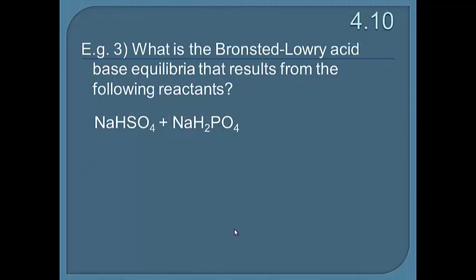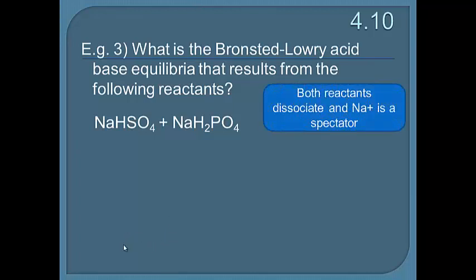The last question we have is, what is the Bronsted-Lowry acid-base equilibria that results from the following reactants? In this situation, we begin with two salts, NaHSO4 and NaH2PO4. Both of these reactants dissociate, and what we should remember about Na+ is that it is highly soluble and is a spectator ion.